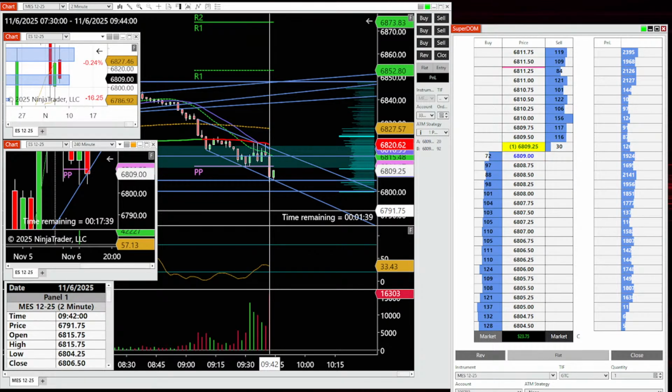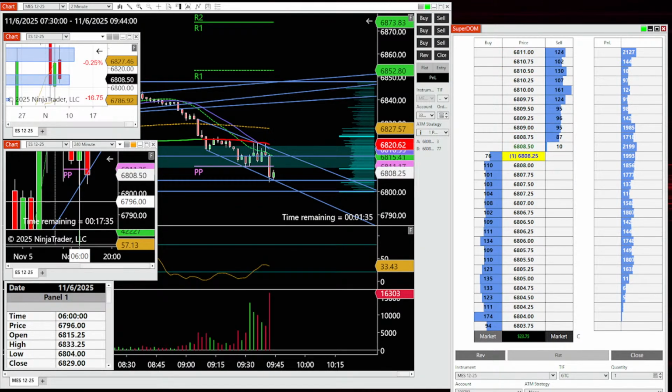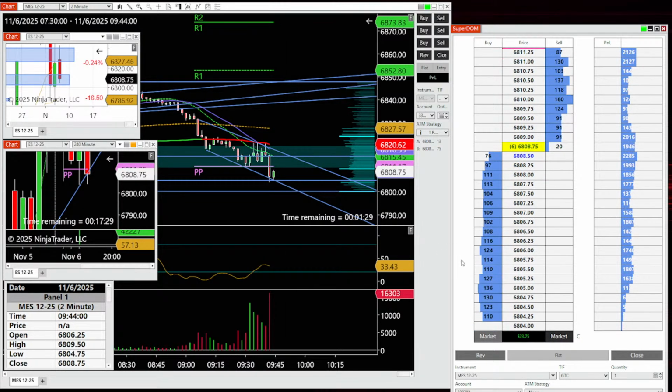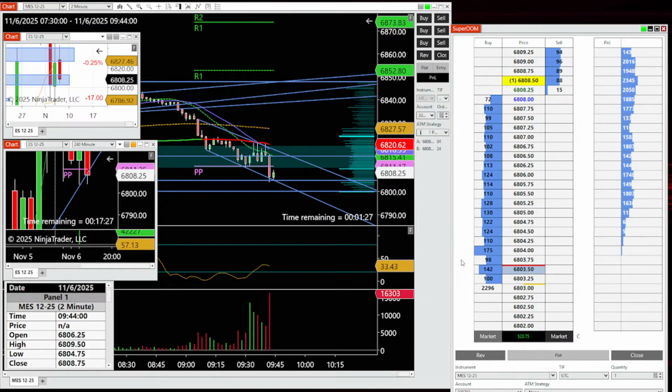So it broke the trend line to get to 04. It didn't get to 04, went 04.25, one tick above 04. It had a bounce, a nice 4-point bounce on that move.